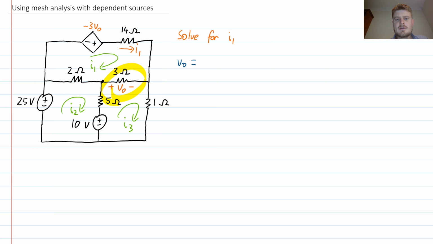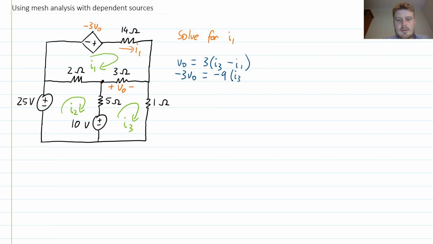So if I look at the direction of I3, I3 goes positive to negative, so here I have a positive sign for I3, whereas the I1 mesh current goes the other way around, so I should use a minus sign for I1 there. However, the voltage source actually specifies minus 3 V0, so just for convenience, I'm going to calculate what is minus 3 V0. Substituting in here is going to give me minus 9 (I3 take I1).